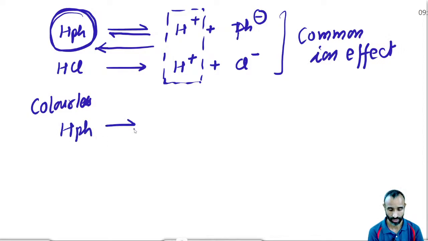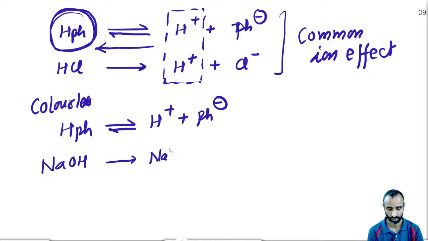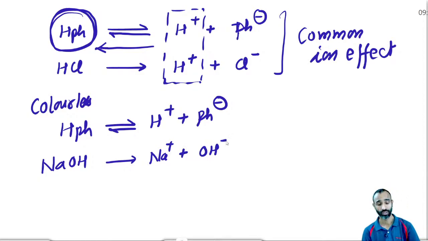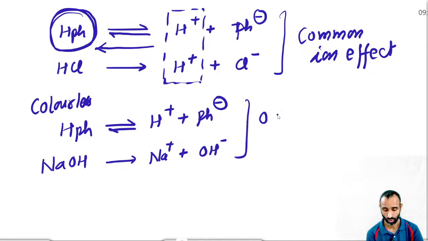Now, what happens if we add a strong base, NaOH, to it? If we add phenolphthalein in sodium hydroxide, there is odd ion effect.